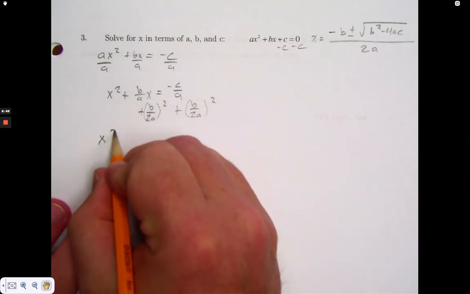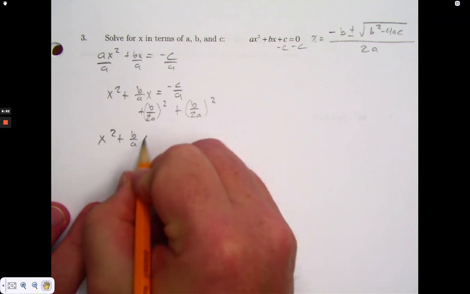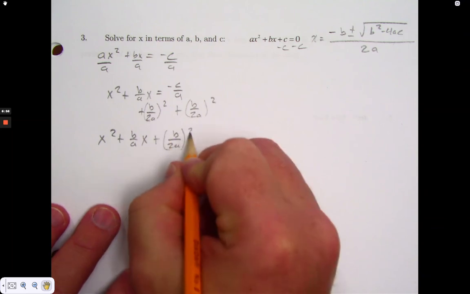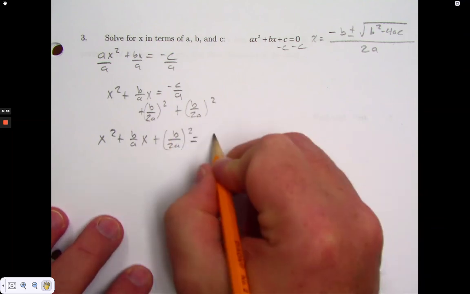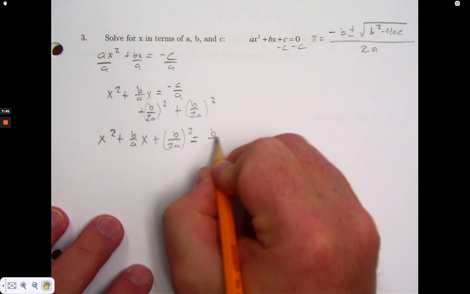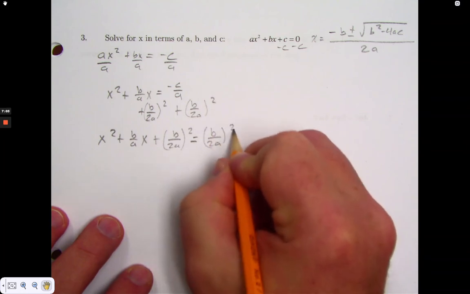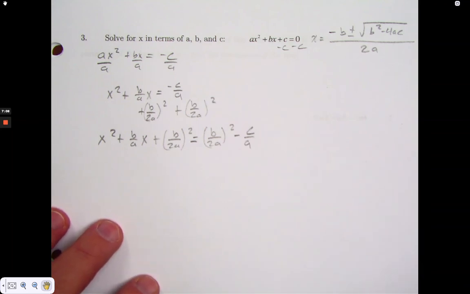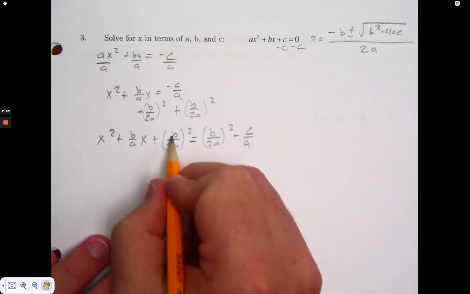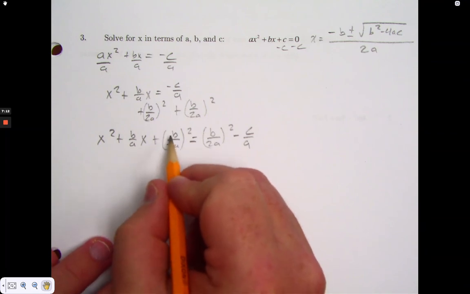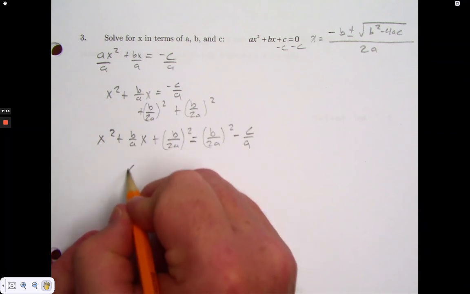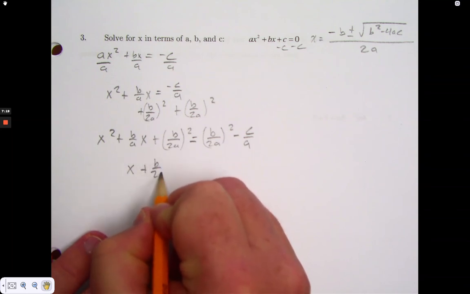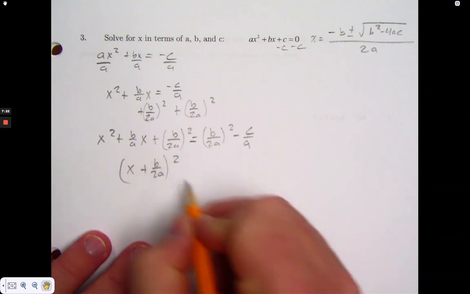That gives us x squared plus b over a x plus b over 2a squared equals our b over 2a squared minus c over a. Now, since this has been written to give us this perfect square trinomial, this can come down to x plus b over 2a squared.